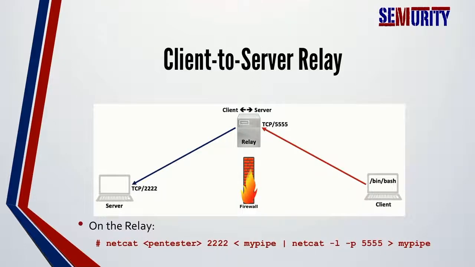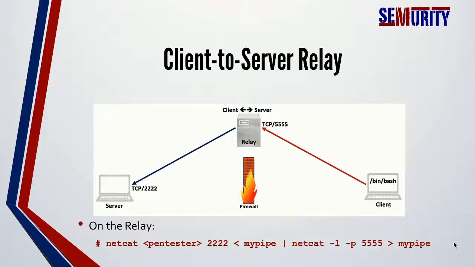The second one is actually the opposite of the first one, and that is the client to server relay. The client to server relay is exactly like the server to client relay, except that the direction is the opposite direction.